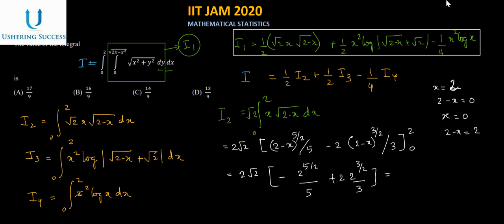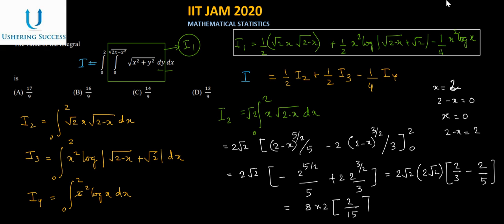So this is nothing but I can take 2 to the power 3 by 2 common. So 2 to the power 3 by 2 means 2 root 2. So we have 2 root 2 outside, and then we take another 2 root 2 common into 2 by 3 minus 2 to the power 2 by 2 is 1, so 2 by 5, or this can be written as 8 into 2 into 1/3 minus 1/5 means 2 by 15, or this can be written as 32 by 15.